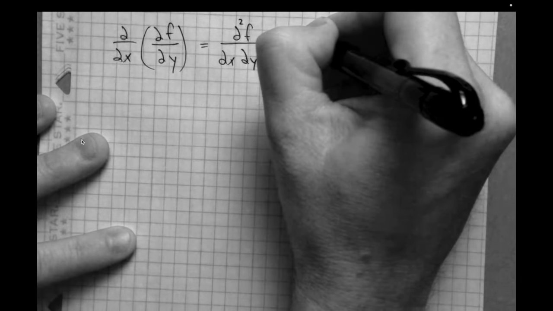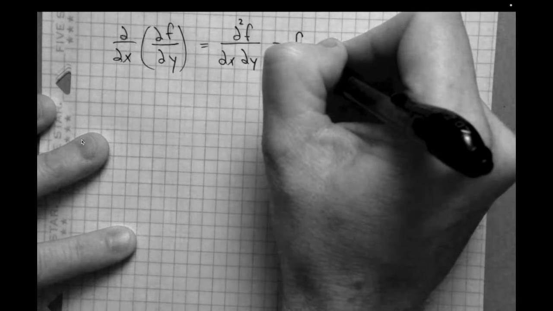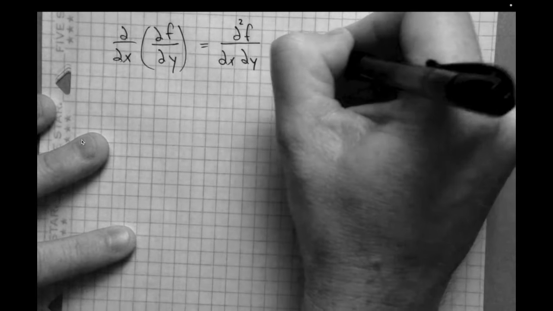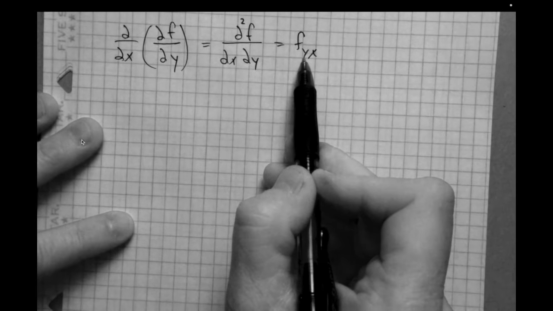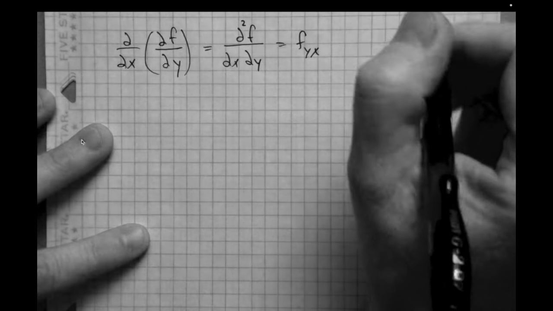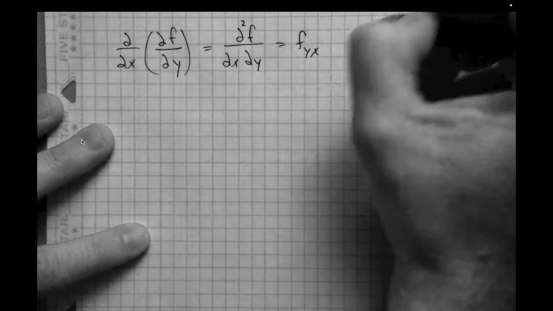And similarly, here you would have f sub yx. So the first derivative was y, the second derivative that you took was with respect to x. Now this is what's called a mixed partial derivative.